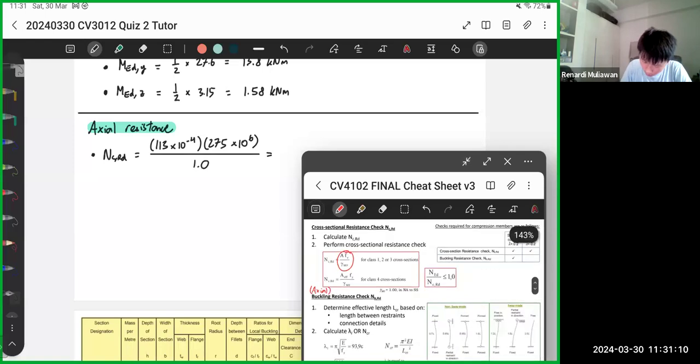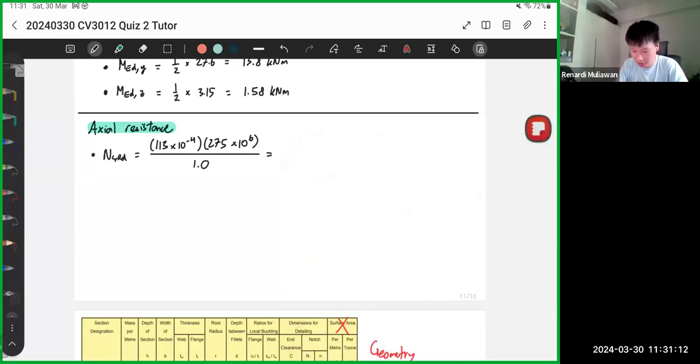So let's calculate the value. 113 times 10 to the negative 4, times 275, divided by 1. By the way, let's make it kilonewtons, so times 10 to the negative 3. You'll get 3008 kilonewtons, which is way bigger than NEd.